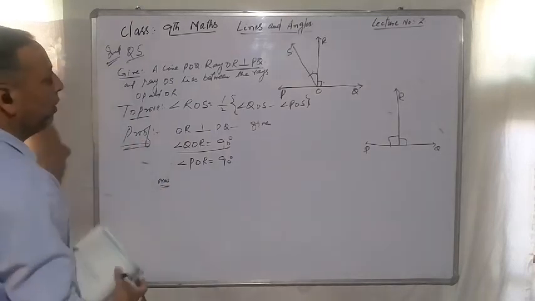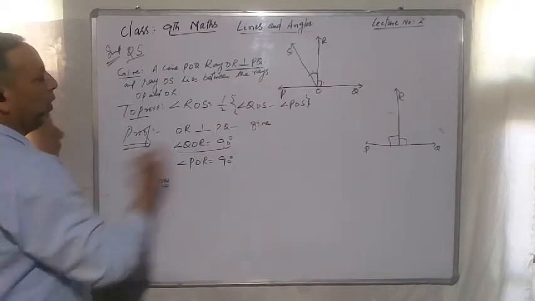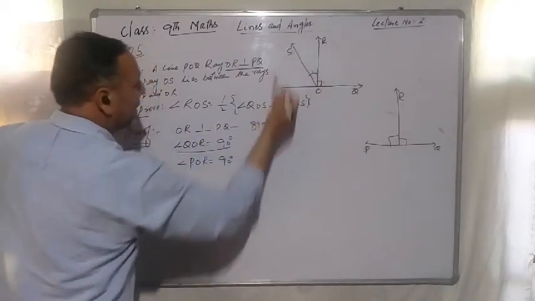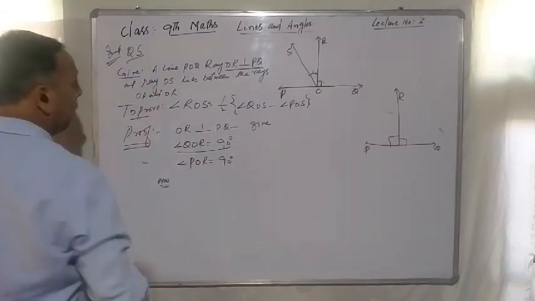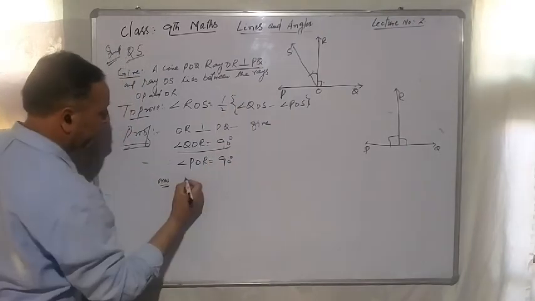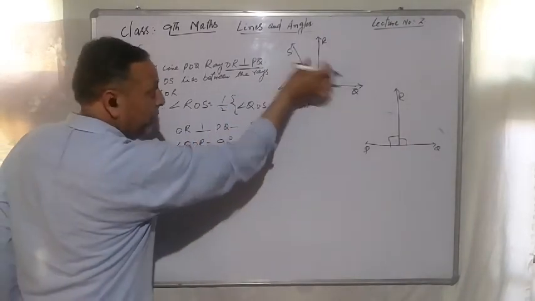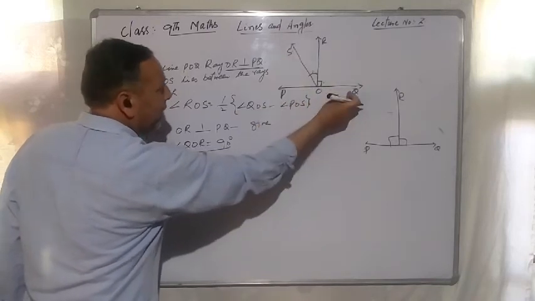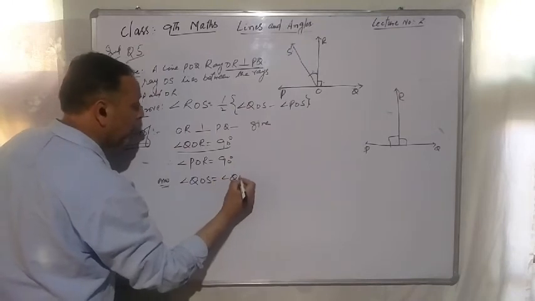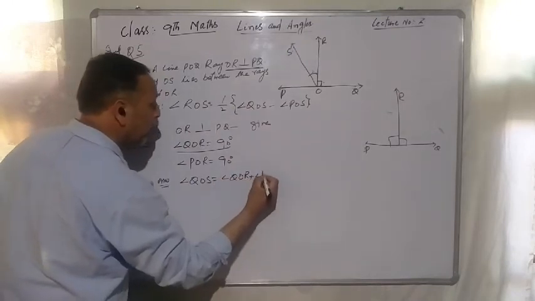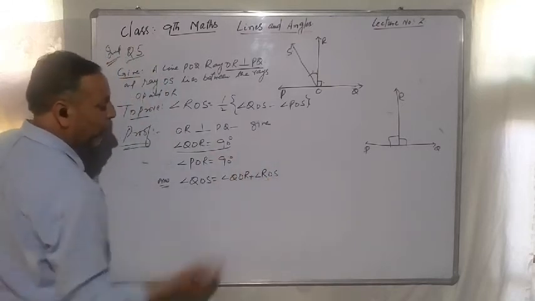Now you see that this is the most important step of this question. Now you take angle QOS. Take angle QOS. Angle QOS. This angle QOS, if you look at the figure, is angle QOR plus angle ROS. So let us find the value of angle ROS.